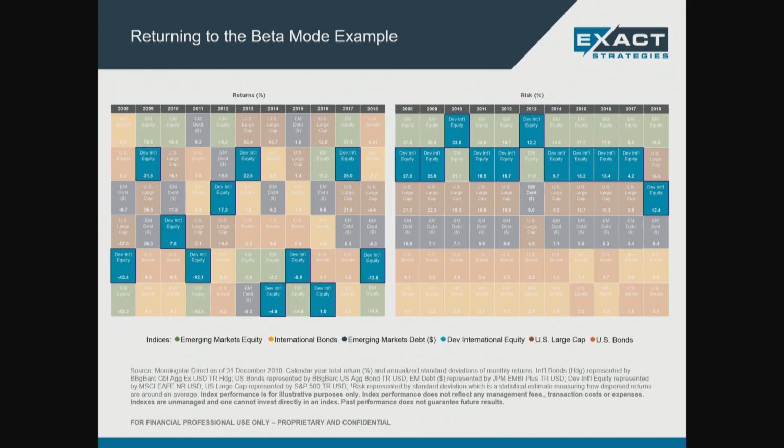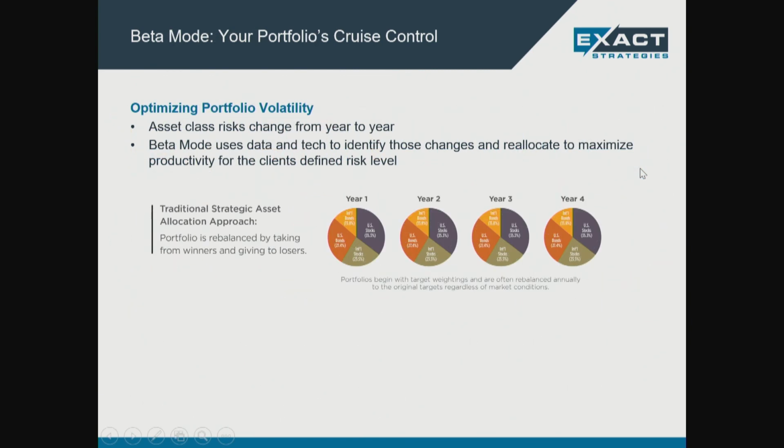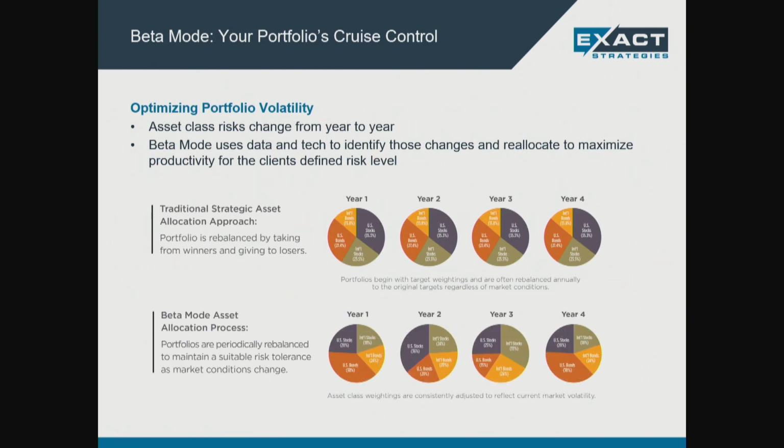More importantly, I think for clients that are in distribution phase and perhaps in retirement or looking for a more conservative investment, if we flip that and we went from 4 to 27, that could be problematic. If we think about 2017 to 2018, we really nearly tripled the amount of risk that we had in that particular investment. And so that's where we want to use our technology to optimize the client's risk budget and ensure we don't violate it.